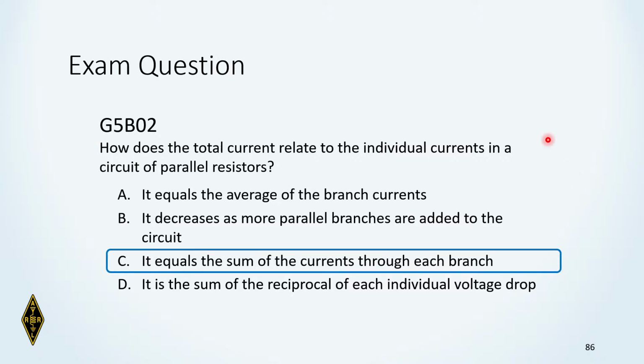Okay, so we've got, if you've got parallel, it helps sometimes to sketch this out. Sometimes it's easier to see that way. So 1/3 of the current is going through each branch. So how does the total current relate to the individual currents in a circuit of parallel? It equals the sum of the currents through each branch. And that's a little easier to see if you actually draw it out.